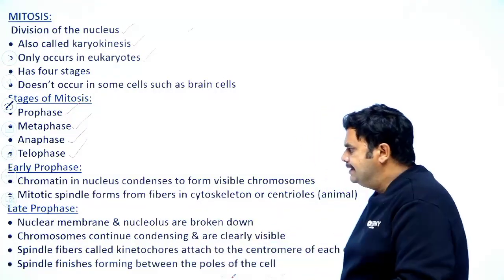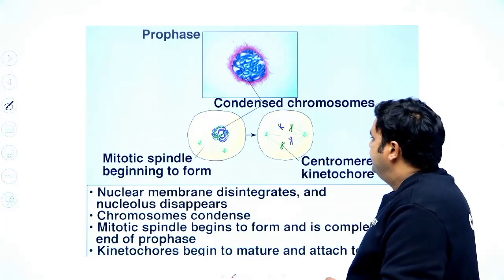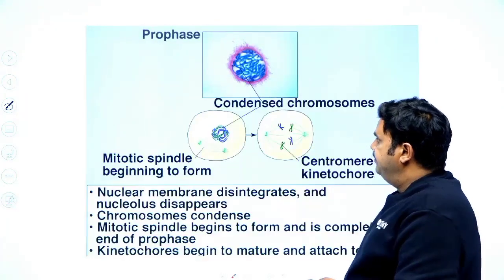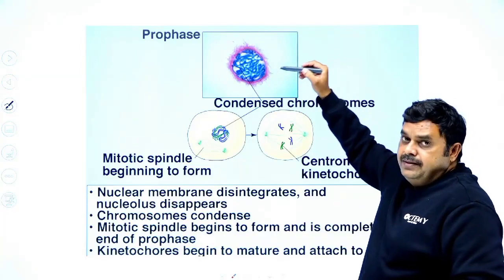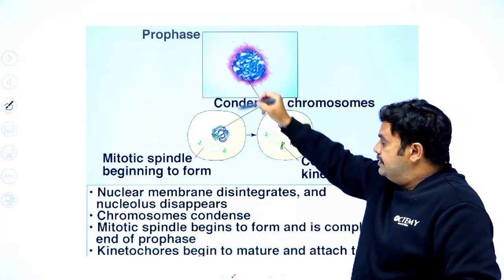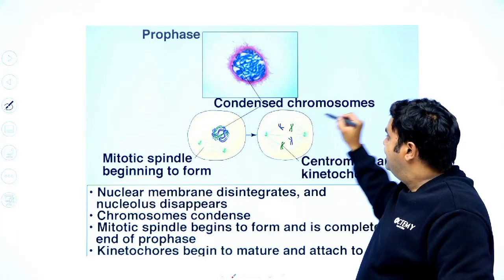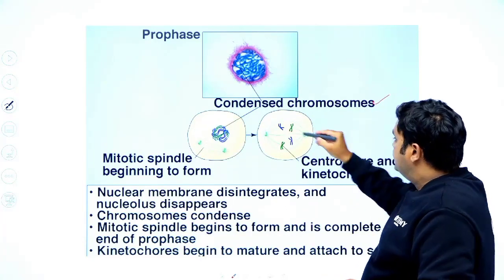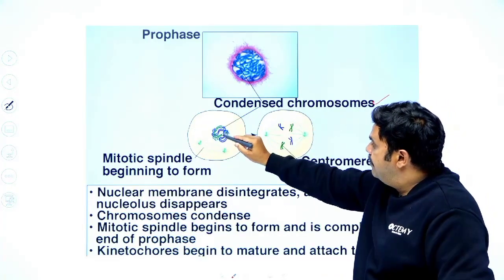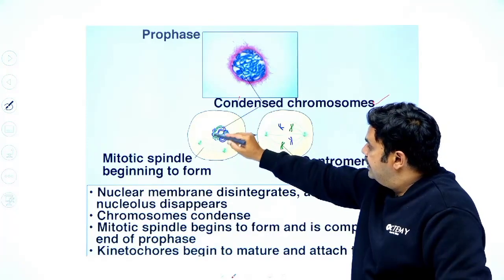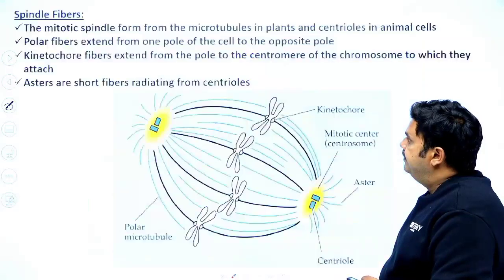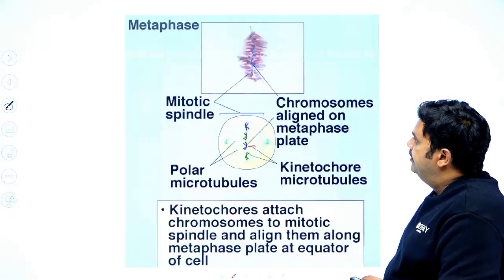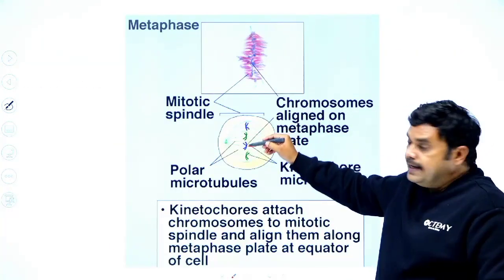You can easily understand by seeing the diagrams. Prophase, what happens? First the cell enters the prophase stage, where the condensing of chromosomes takes place. Then metaphase. In metaphase what happens?